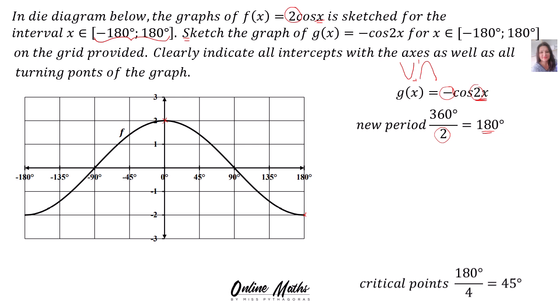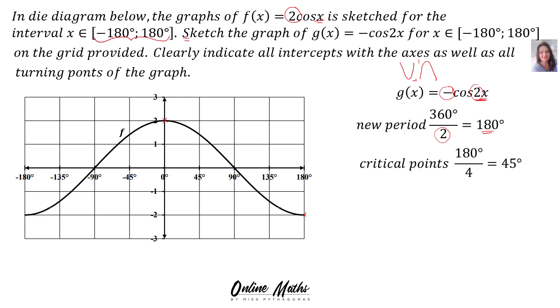Then we need critical values or critical points. So we take the new period and divide it by 4 and we end with 45 degrees. That means every 45 degrees something will happen on your graph. Remember, it has to be this shape now.